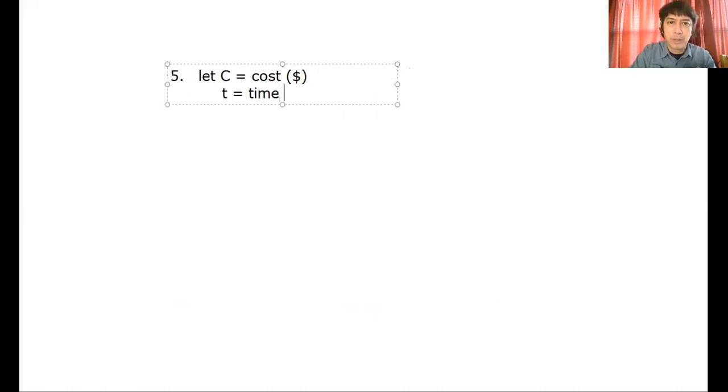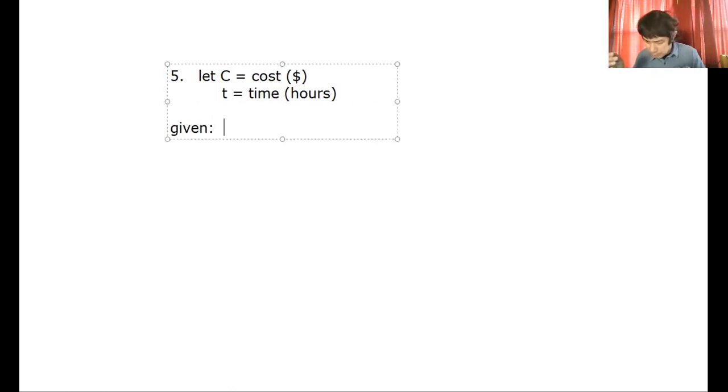This will be time, and is it minutes or hours? That will still be hours. Still our given. What do we have there? Our given is $75 for the y-intercept. So this will be 75 there.